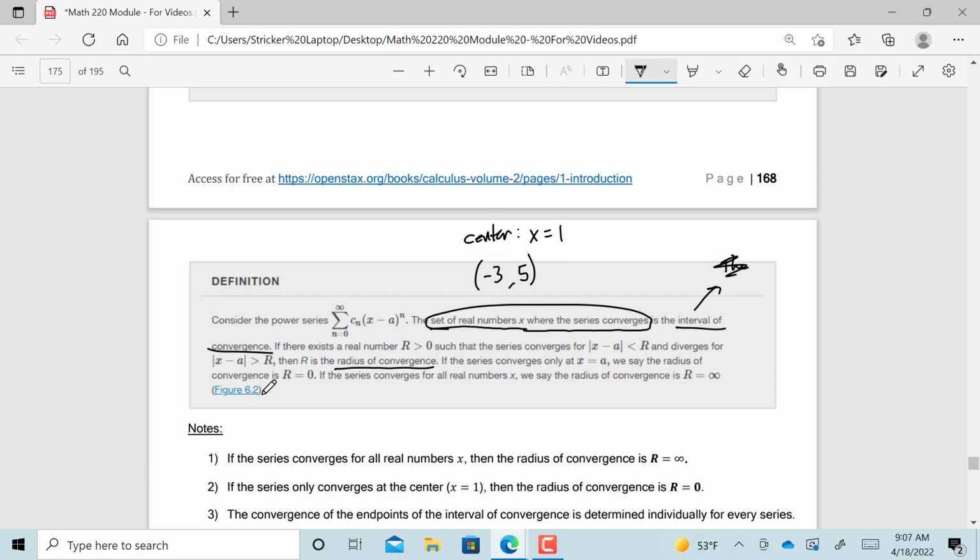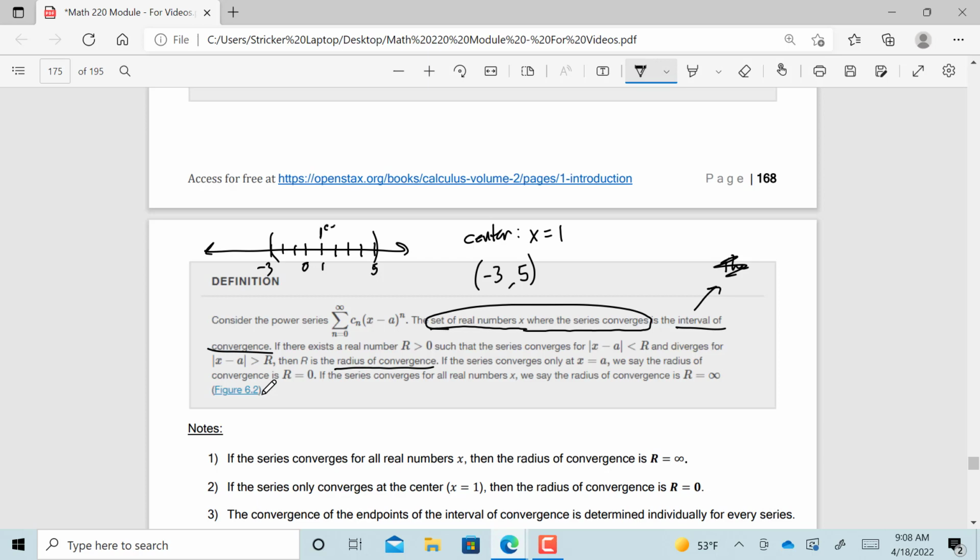And so if you take a look at that interval, right? So here's 0, then this is 1, 2, 3, 4, 5. Then we have -1, -2, -3. So look at that, the center being right here.